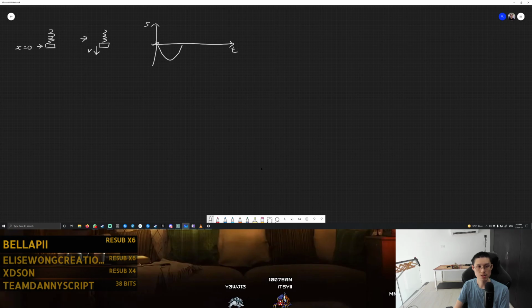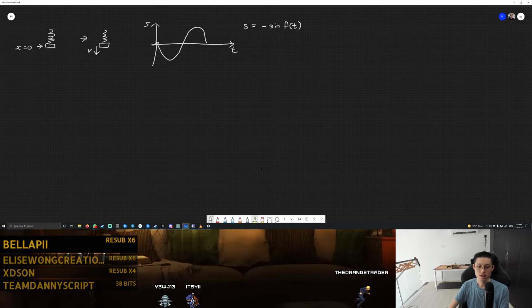So you would go down and then go up and so on. So you would actually get s equals negative sine, some constant, and then some function of t. I'm going to call the displacement x instead, like this.